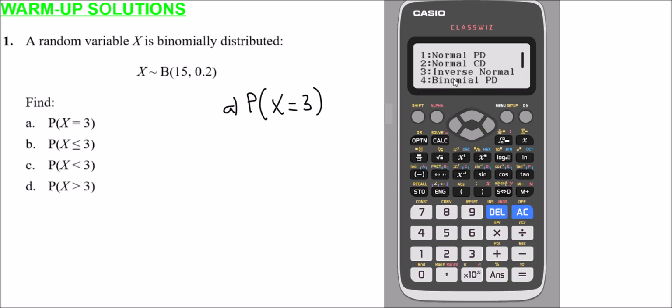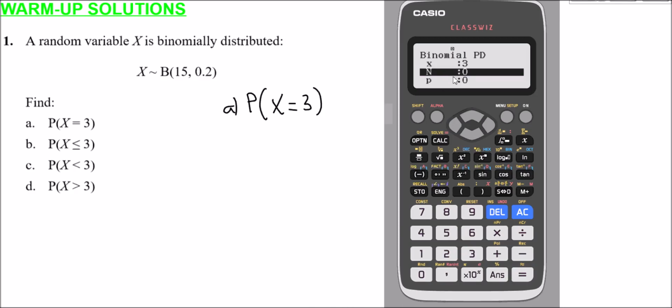Now because we want to work out the probability that x is equal to a certain number, we want to go for binomial PD, so we press option 4. Now we press 2 for variable and we type in what we want. So here what we have is x, so we want to have 3 successes, so we press 3 for the number of successes.